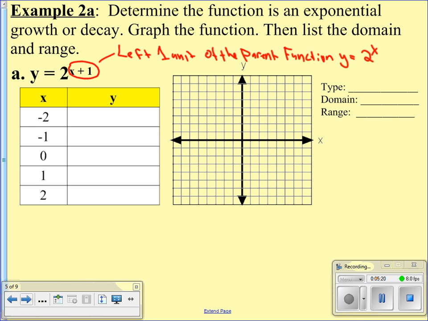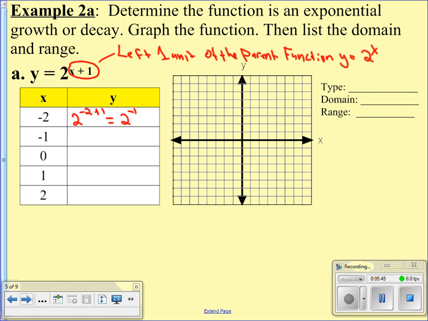So I could get my calculator, plug this into the calculator, and then use my table to fill in the values. But for this example, I'm going to do it by hand and just plug everything in. So if I take my first x, -2, and plug it in, I'll have 2 to the -2 plus 1, which means I have 2 to the negative first power.